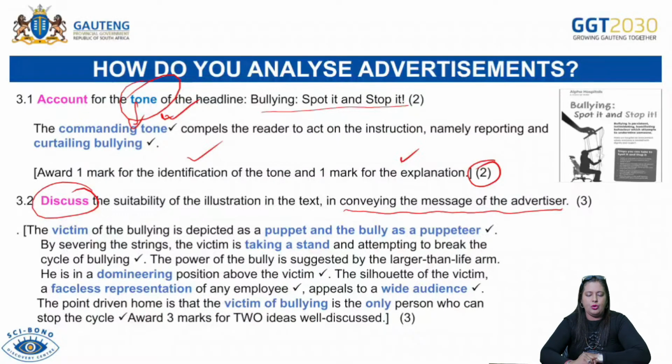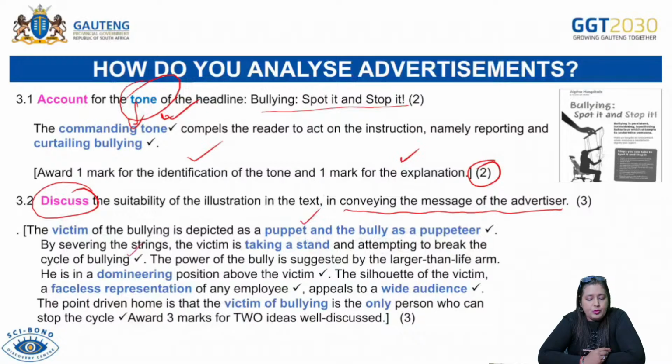Right. So this was already explained to you when we broke this down at the beginning. The victim of bullying is depicted as the puppet and the bully as the puppeteer. By severing the strings, the victim takes a stand and attempts to break the cycle of bullying.